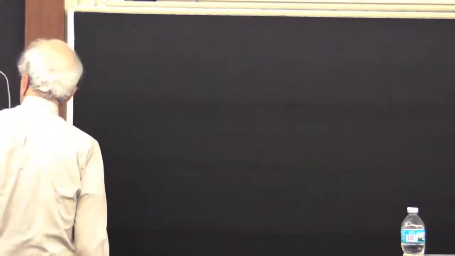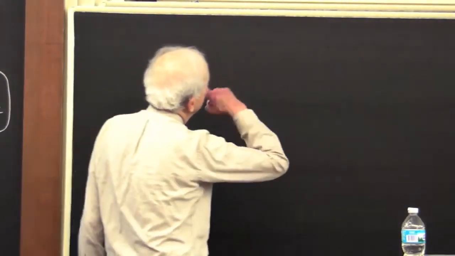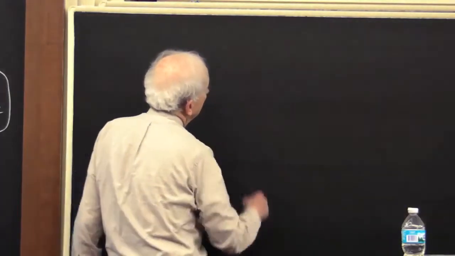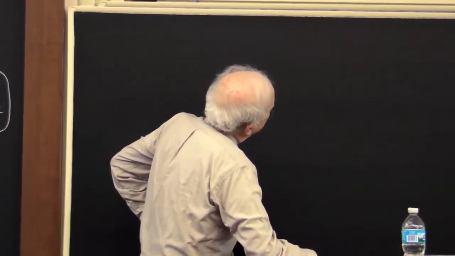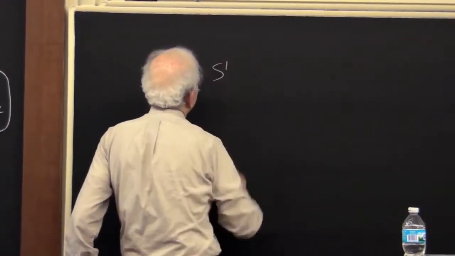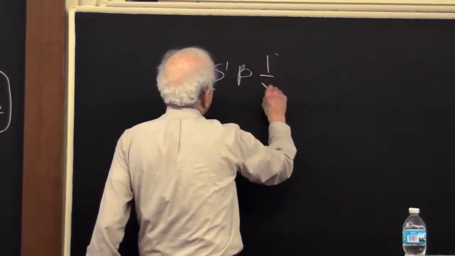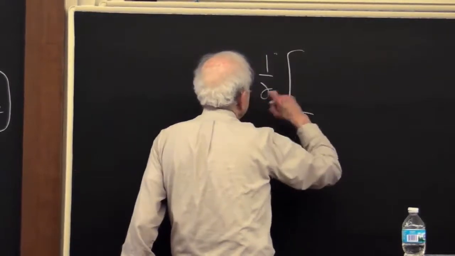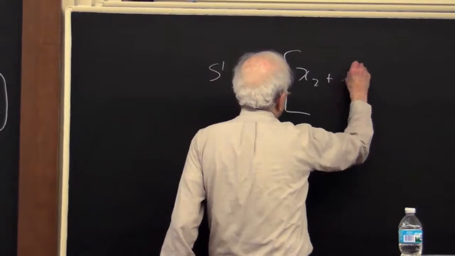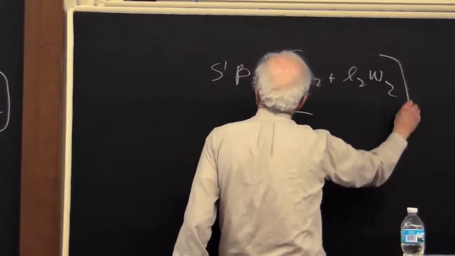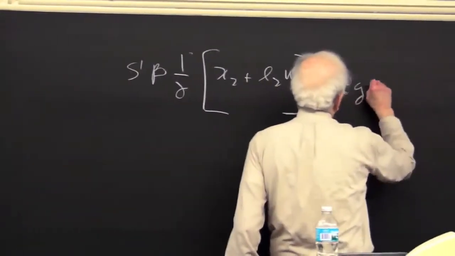So we have this very neat expression. What we're saying is that we look now, go back to our condition here, S prime, beta, and then this turns out to be 1 over gamma times x2 plus L2 W2, right, is going to be equal then to G prime.